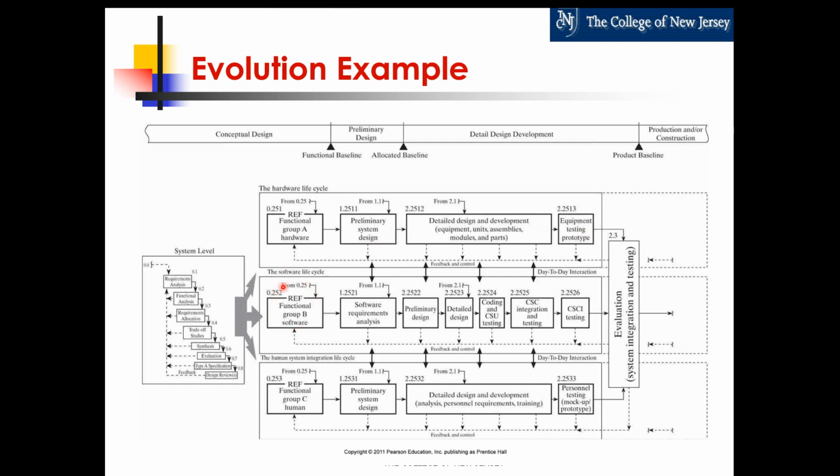On the software side, you're also going to have the reference specifications, and then you're going to be able to write software requirements and analyze them. This shows a classic software development cycle with preliminary design, detailed design, coding, unit testing, and integration of the software.